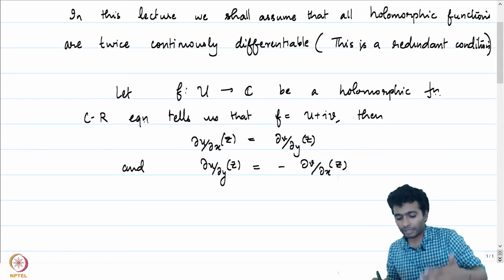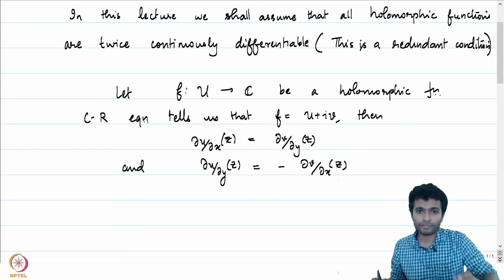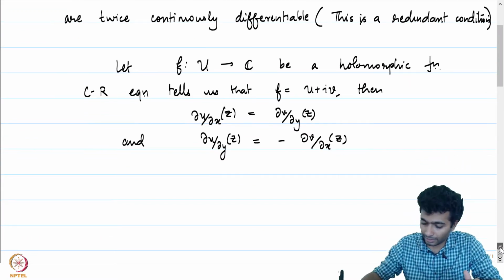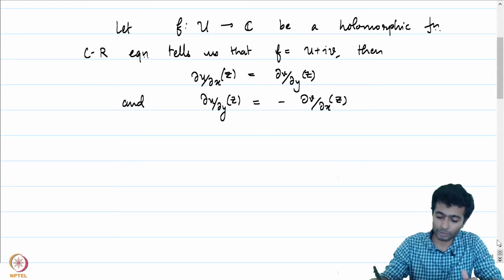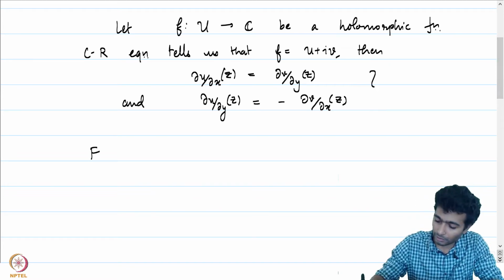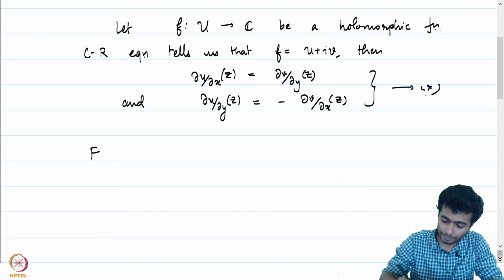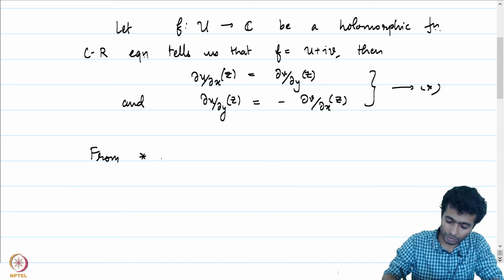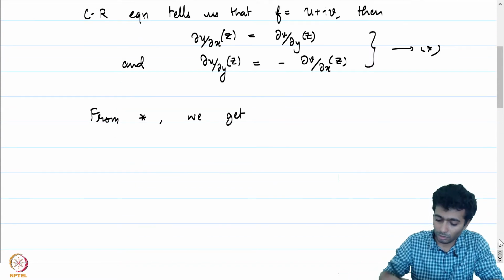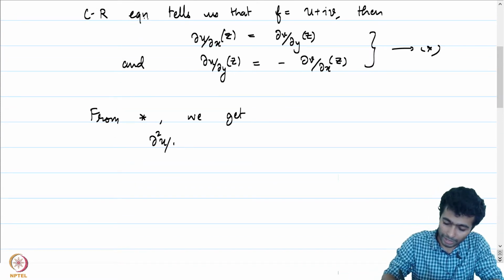Now, we have assumed that f is twice differentiable, so we can take the next derivative. For example, we can look at the second order partial derivative of u. So from star, let's see what happens to ∂²u/∂x² of z.